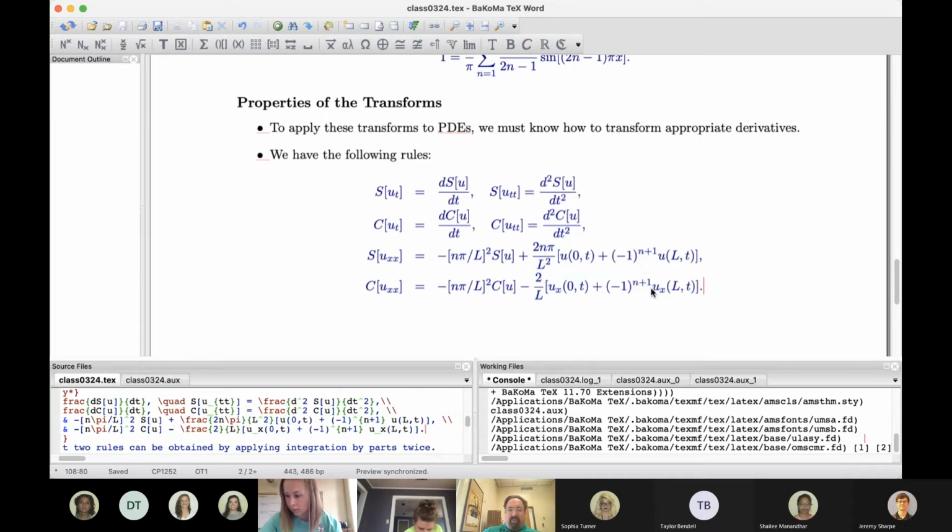These are boundary terms. Notice that for sine transform we have u, because this is what is specified on the boundary, so you can incorporate your boundary conditions here and here for x equals L. And then for cosine transform, if you have Neumann boundary conditions, du/dx is what's specified on the boundary. So again, your boundary values would be filled in here and here.